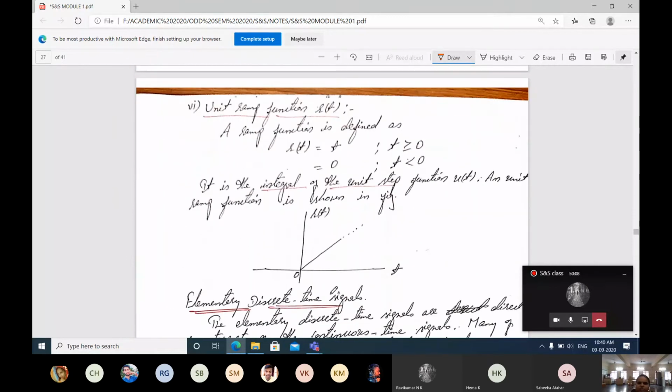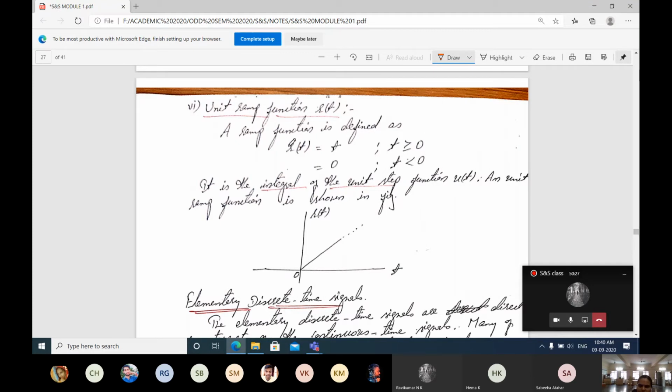And the last one is the unit ramp function r of t. A ramp function is defined as r of t equals t. Observe here, r of t equals t when t is greater than or equal to 0.